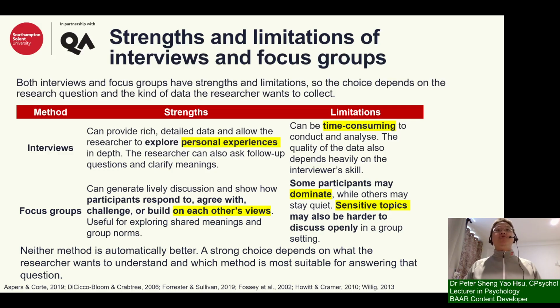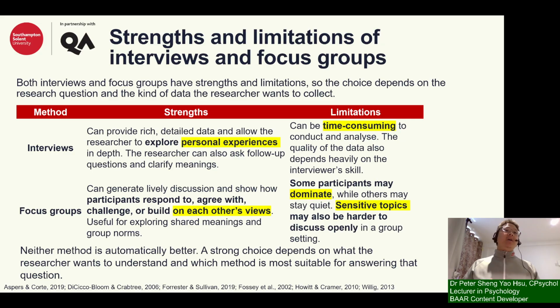Focus groups can generate discussion. They allow researchers to see how participants respond to each other, agree, disagree, challenge, or build on each other's views. This is useful for exploring shared meanings and group norms.